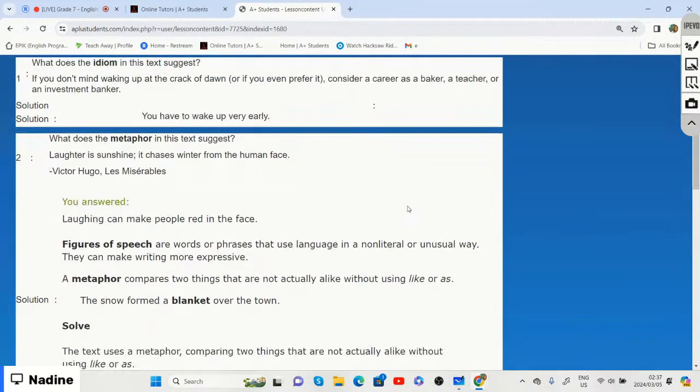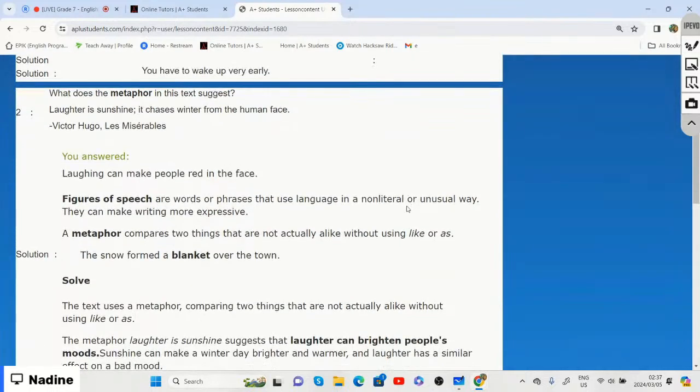So what does the metaphor in this text suggest? It says, "Laughter is sunshine. It chases winter from the human head."